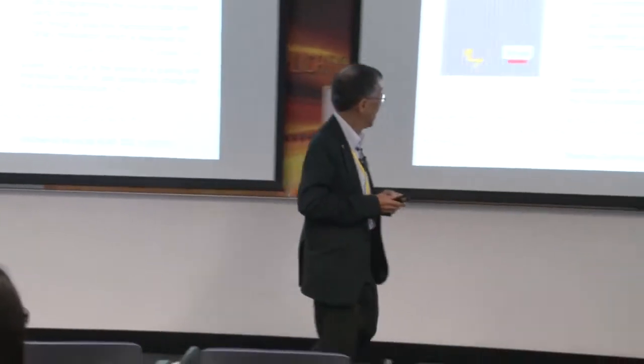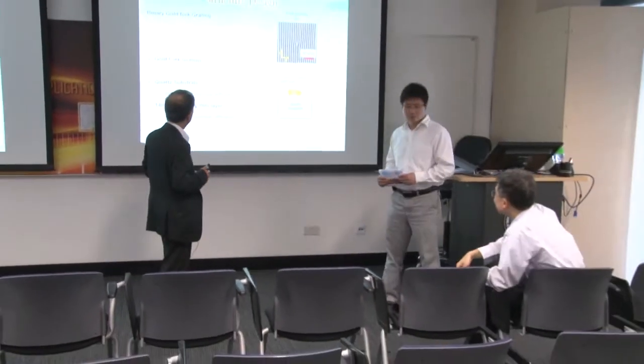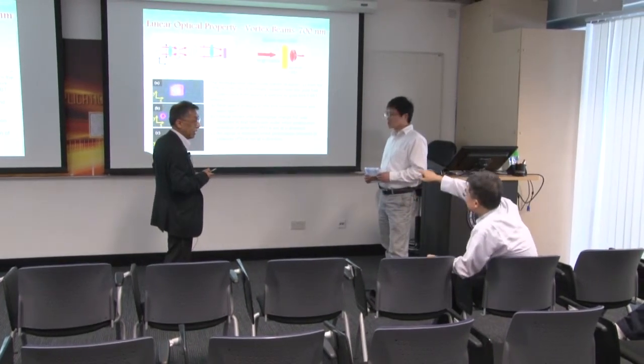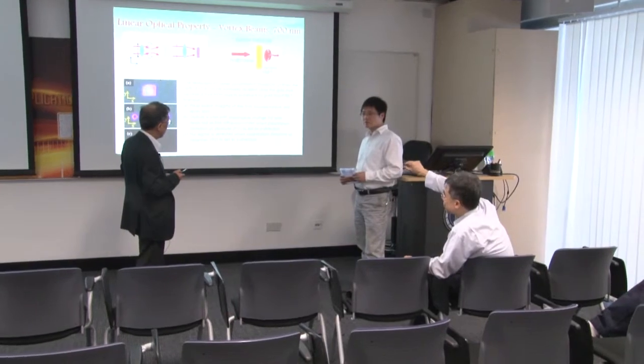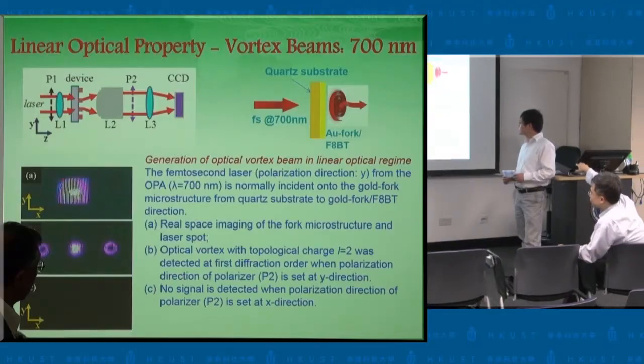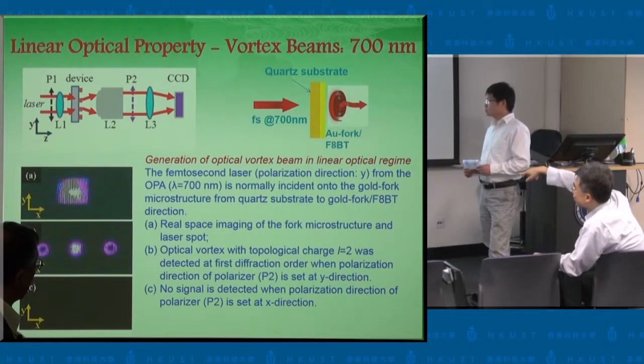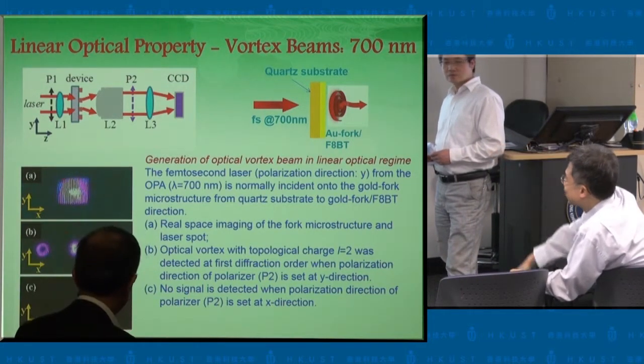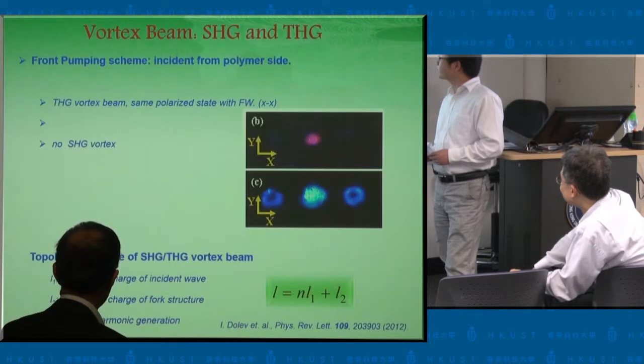In the next slide, when you talk about this one, there is an equation that balances the topological optical charge of the incident photon plus the structure, so L1 plus L2 equals to. Oh yes, I have it in two slides. Yes, this one.